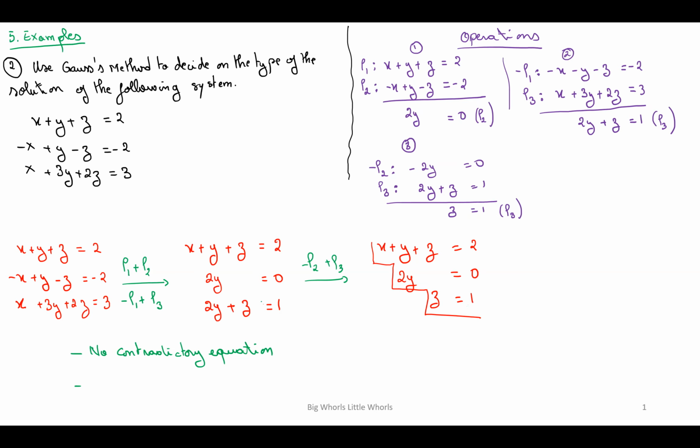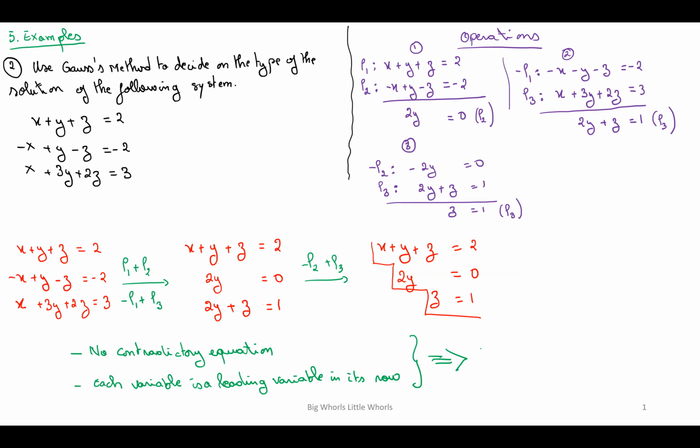Therefore, let me write it down. Each variable is a leading variable in its row. Therefore, what do we have?